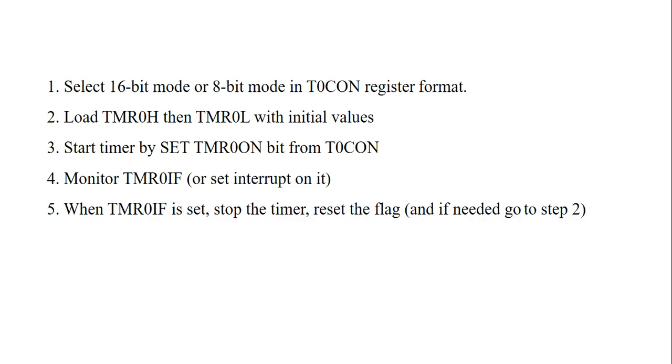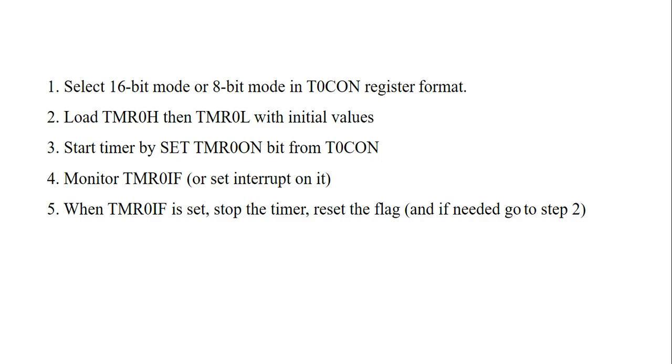The first step is to select 16-bit mode or 8-bit mode in the T0CON register format. In T0CON, both 16-bit and 8-bit configurations are given. Load TMR0H and then TMR0L with initial values. Calculate the count and load it into TMR0H and TMR0L.